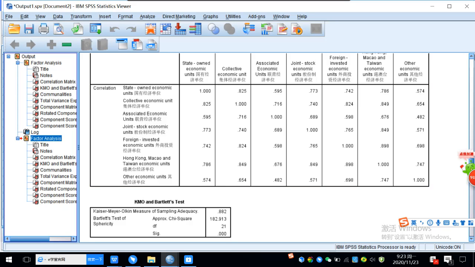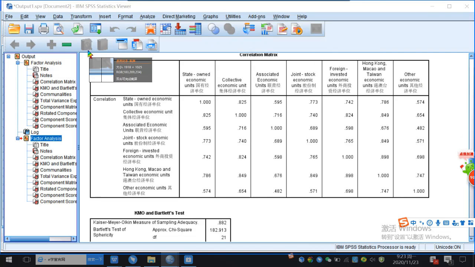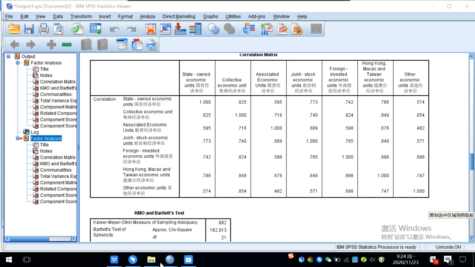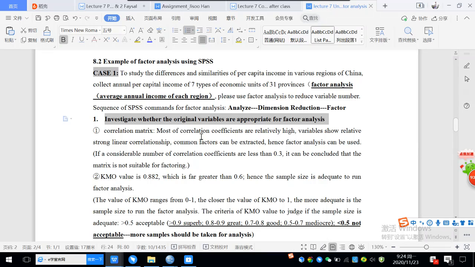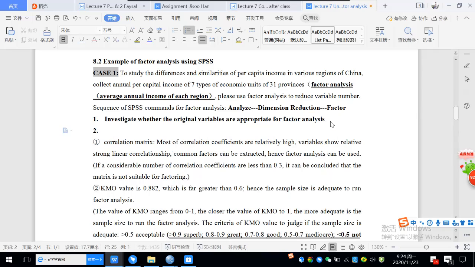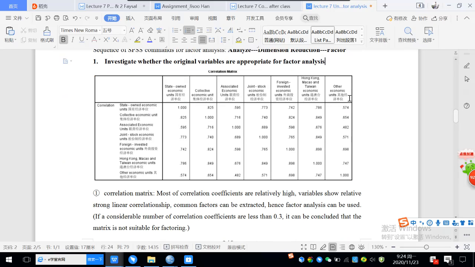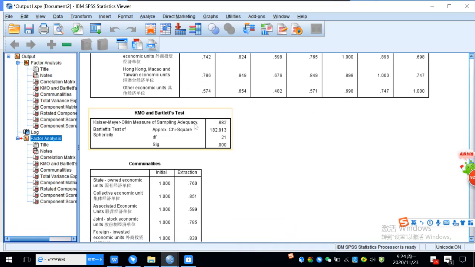Okay, I'll copy it. Here is for the first question: investigate whether the original variables are appropriate for factor analysis. And then next is the KMO.